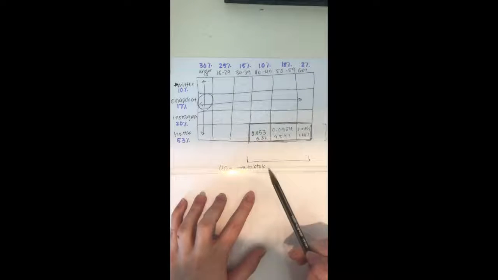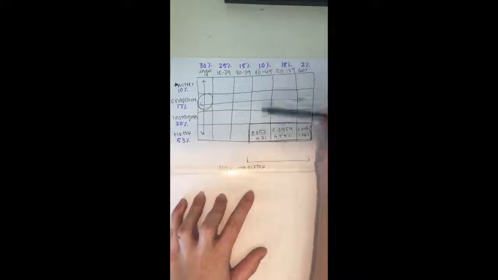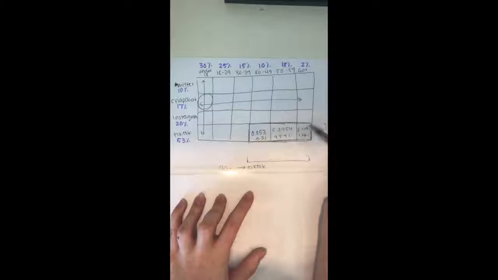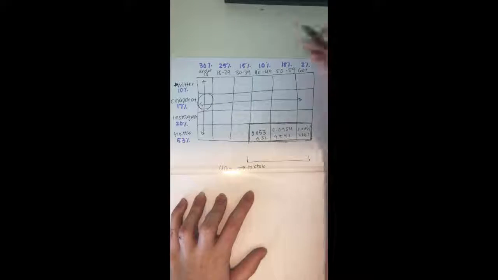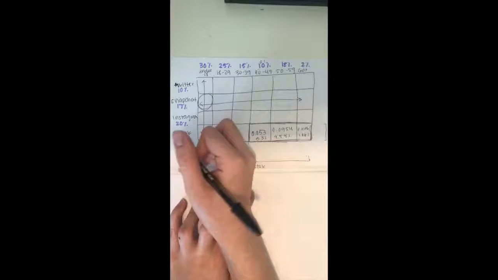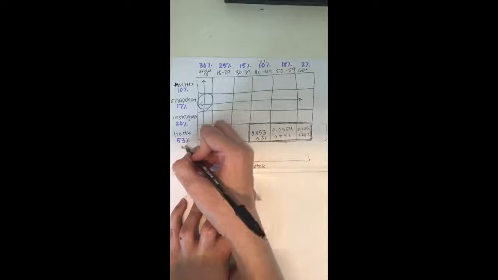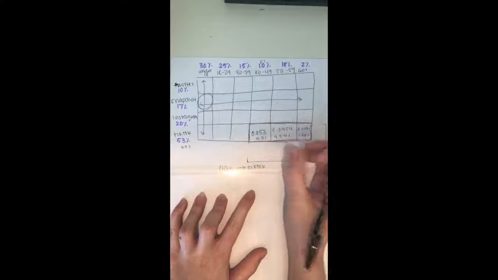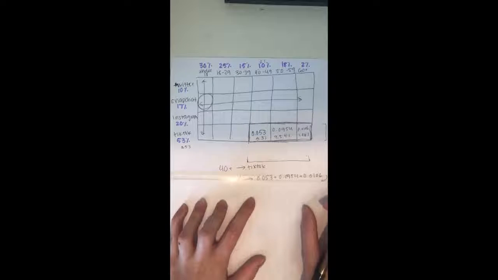First you need to calculate each category. 10% is the same as 0.1, and 53% is the same as 0.53. To calculate this category, you multiply the two, and that gives you 0.053. You do the same with these other two categories, and those are the values that you get.